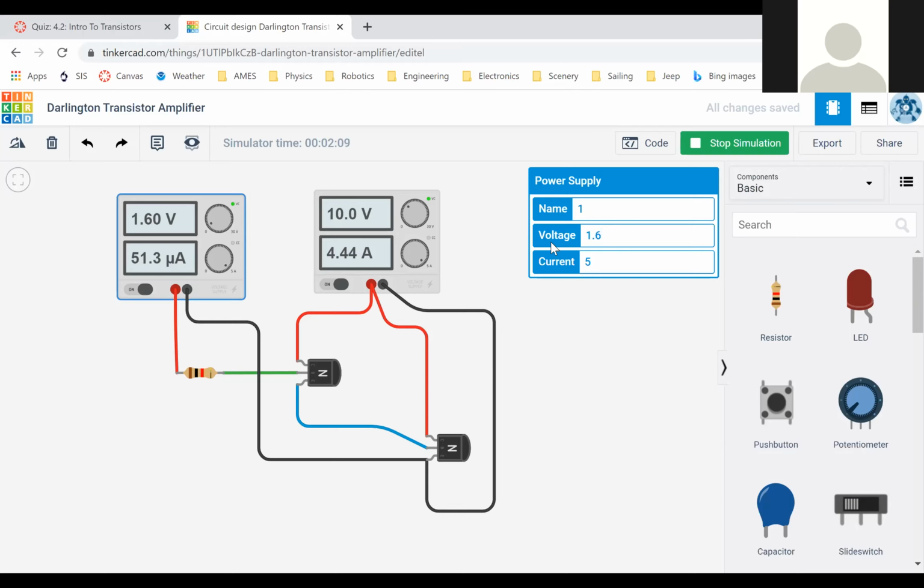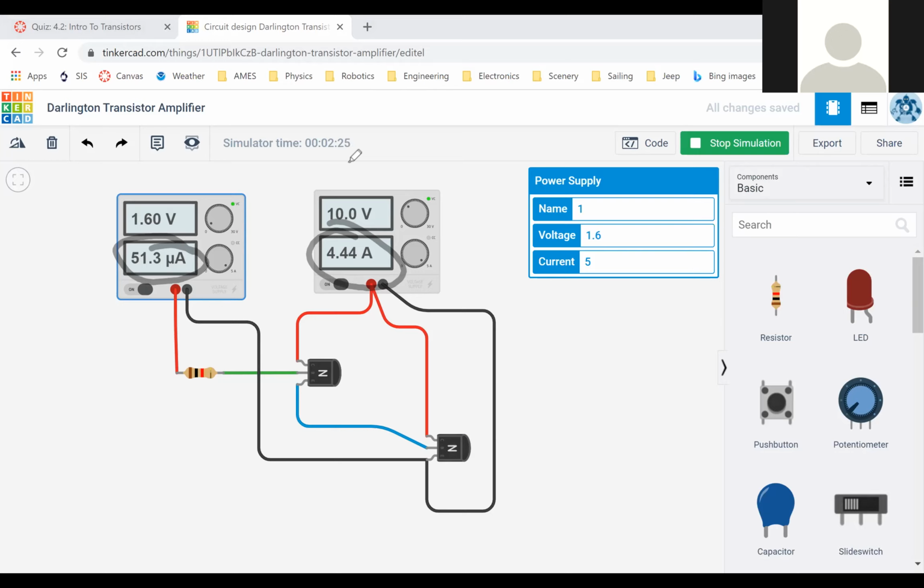But now that we're at 1.6 volts, you can see that we are getting an output current of 4.4 for an input current of 51.3 microamps. That's not milli, that's micro.